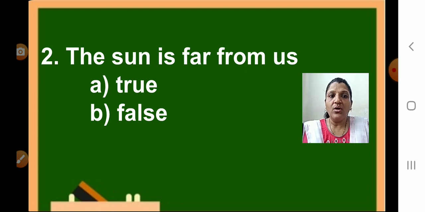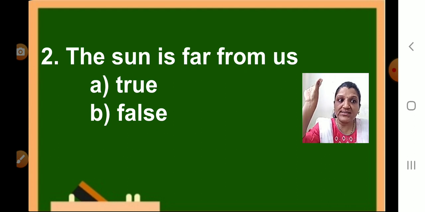Question number 2. The sun is far from us. Now this is based again on the lesson positions. We have learned near and far positions, right? So you tell me, where is sun? Is the sun near to us?